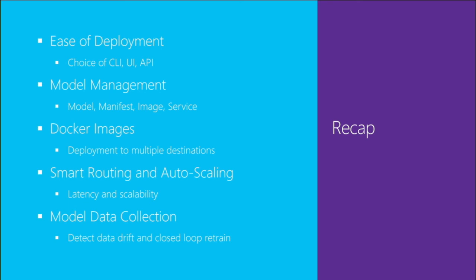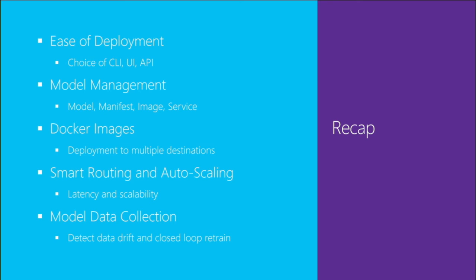The Docker-based images enable deployment to multiple target destinations. We talked about the smart routing and the auto-scaling capabilities through our machine learning hosting infrastructure, and how we handle latency and scale through the autoscaler demo that we had.